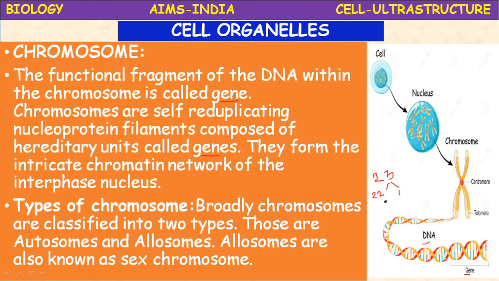Here the 22 pairs are called autosomes. Autosomes represent the vegetative parts of the body. Or we can say autosomes are present in the vegetative organs, body parts, except the reproductive organs.